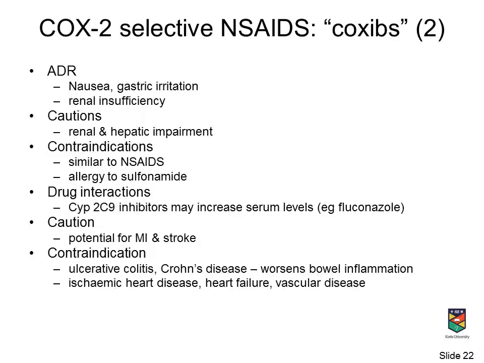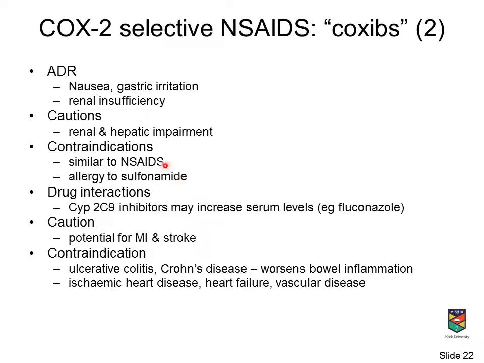So bearing that in mind, you'd want to be cautious about using them in patients who've got renal and hepatic impairment. Obviously in renal impairment, you wouldn't want to worsen the kidney function. And bearing in mind that this drug's metabolized by P450, if patients have got hepatic impairment, you'd be worried about elevated plasma levels, potentially leading to myocardial infarction or stroke.